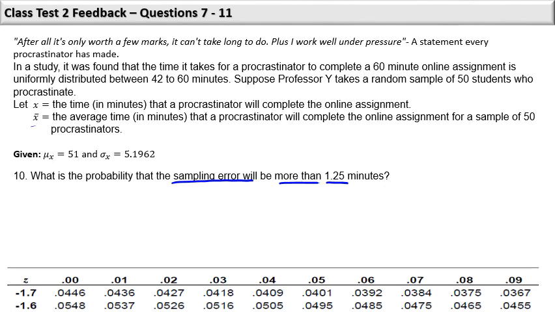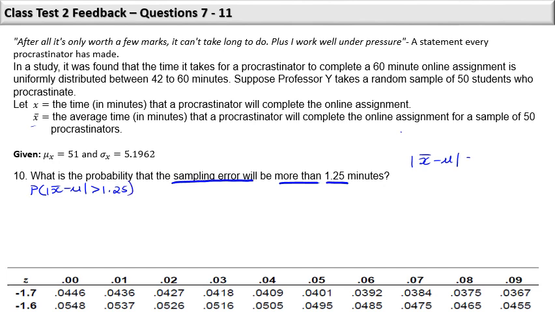So you know that the sampling error is nothing but the absolute value of x bar minus the mean, right? If we write a probability statement, what is the probability that the sampling error will be more than 1.25? Now we need to evaluate that.